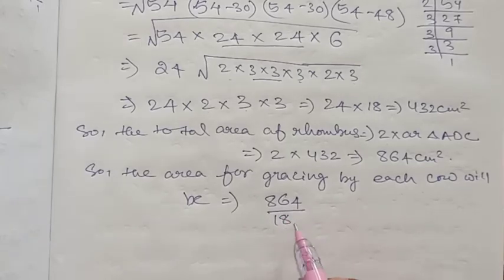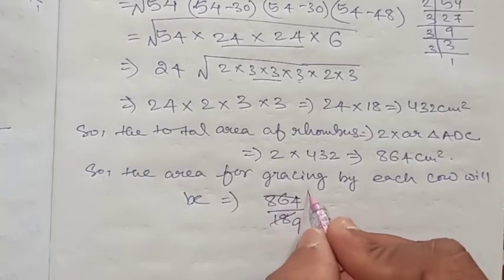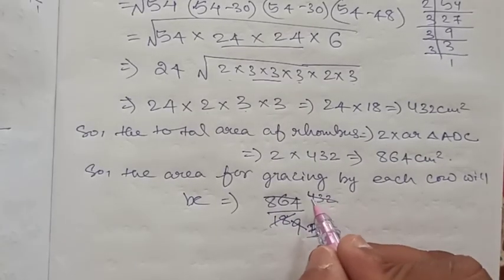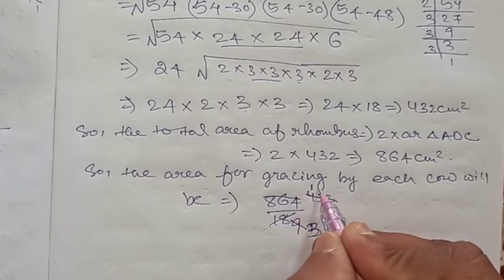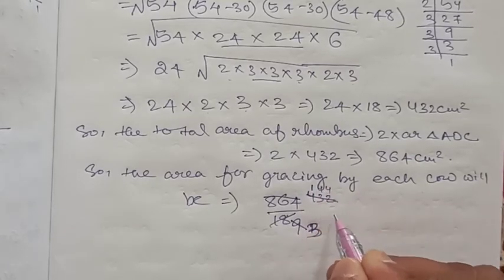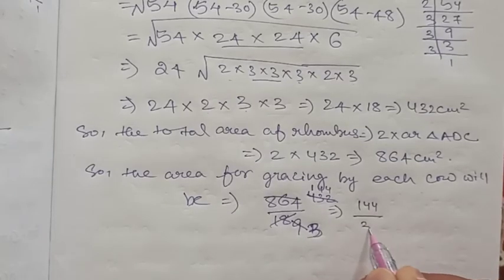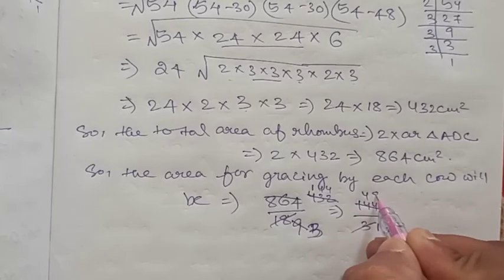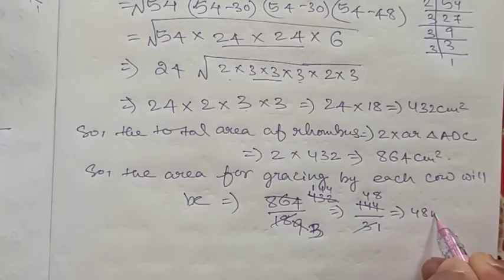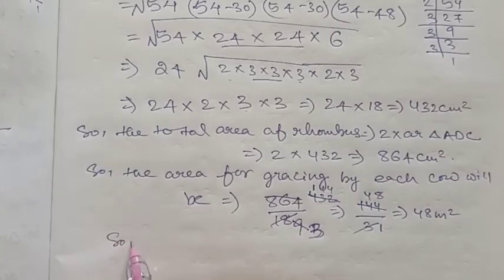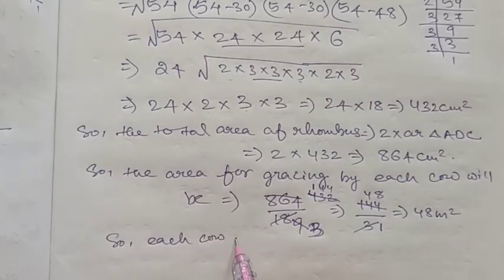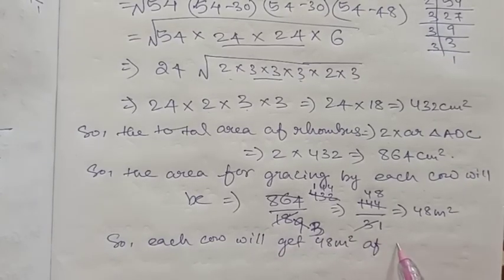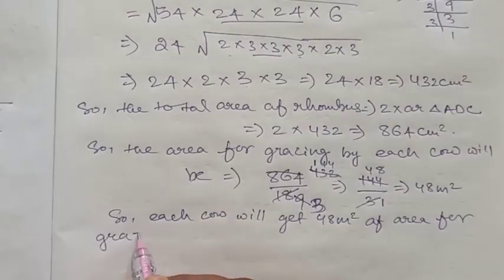So 864 by 18 we will get 144 by 3. Again we can cancel it. 3 1s are 3, 3 4s are 12, 2 carry, 3 8s are 24, 48 meter square. So each cow will get 48 meter square of area for grazing.